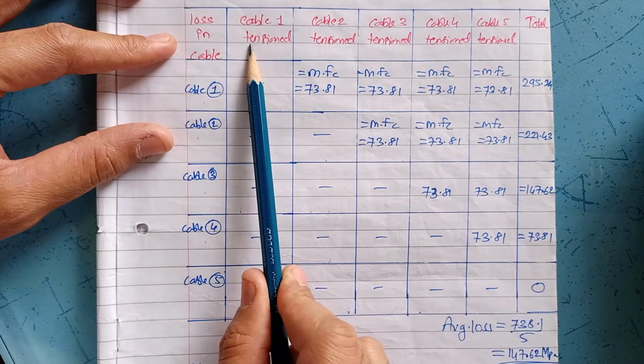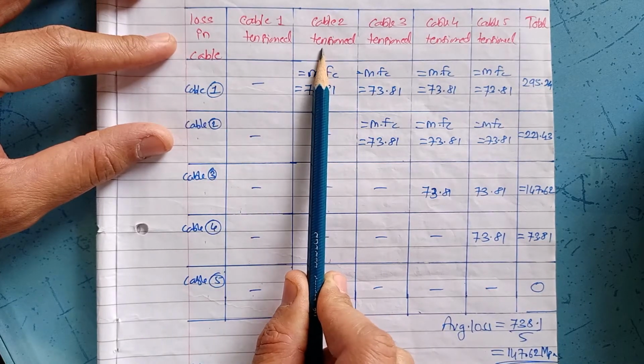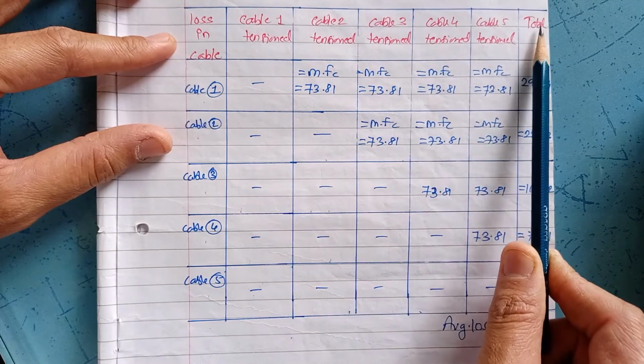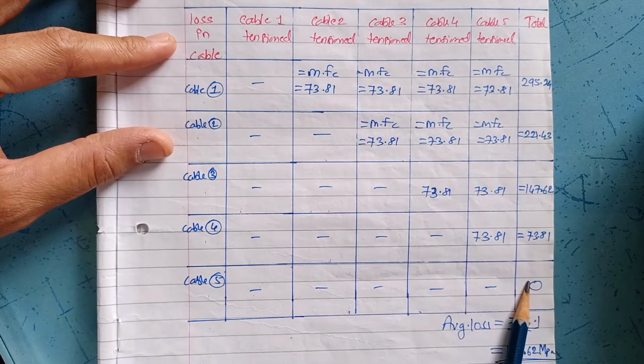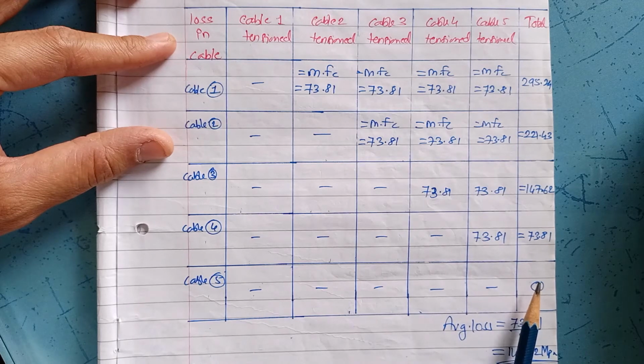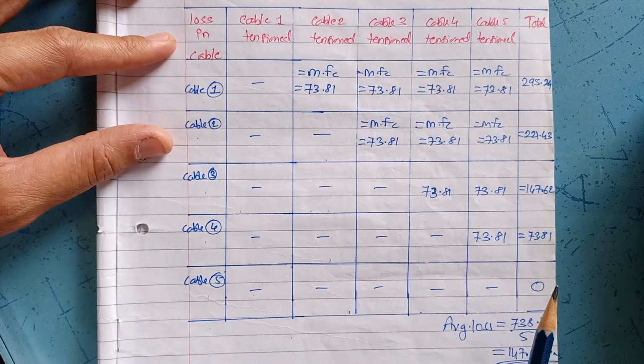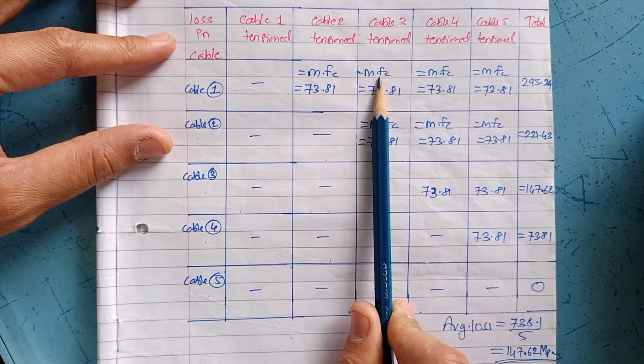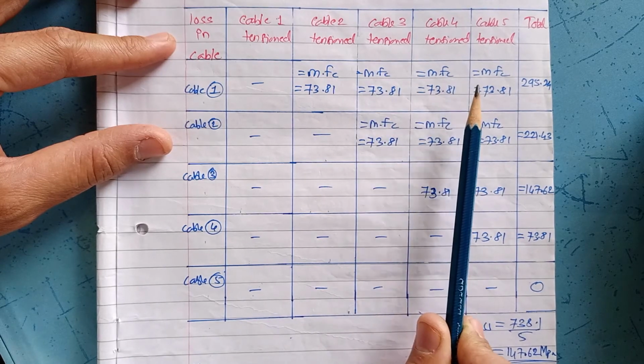When cable 1 is tensioned, cable 2 is tensioned, cable 3, cable 4, cable 5 is tensioned, and at last the total loss in the cable. As it was given that cables are tensioned sequentially one by one, at a time only one cable is tensioned. After tensioning of the first cable is over, the second cable was tensioned, after second third, after third fourth, after fourth fifth.